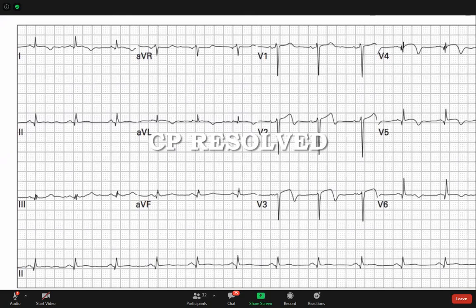PR interval is it normal؟ نورمال، it's not prolonged. وعندنا نارو كيو ار اس صح ولا لا؟ الكيو ار اس is narrow، less than 3 small squares, right. بعدين يجينا الاس تي سيجمنت.